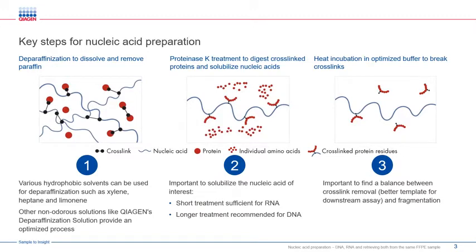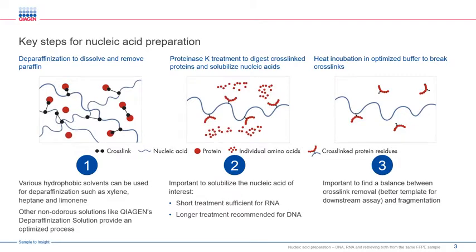For deparaffinization, traditionally hydrophobic solvents such as xylene or limonene have been used. More recently, QIAGEN has developed a deparaffinization solution that makes the whole process more efficient and faster. For example, you don't need to dry your tissue sections after deparaffinization anymore.